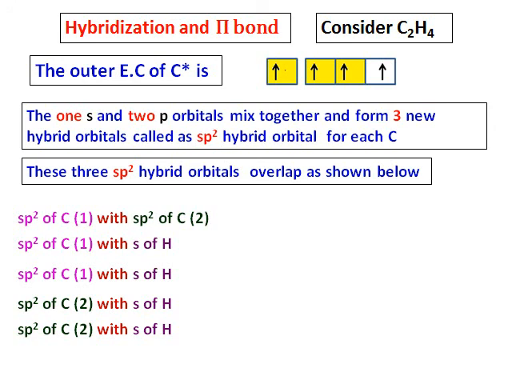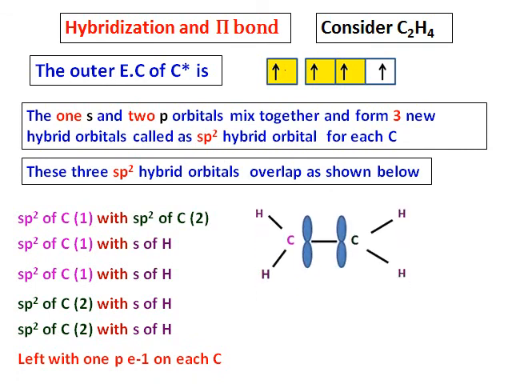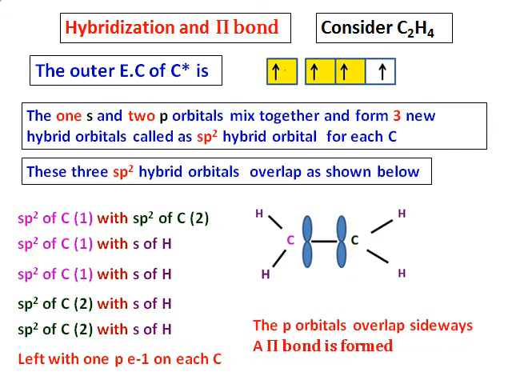Now what is left? I have not used up the p electron which is over there. So that p electron has to be used. The p electron which is left is shown in the figure. It has a dumbbell shape, and these overlap sideways and a pi bond is formed.